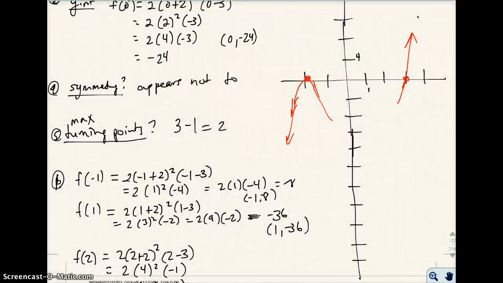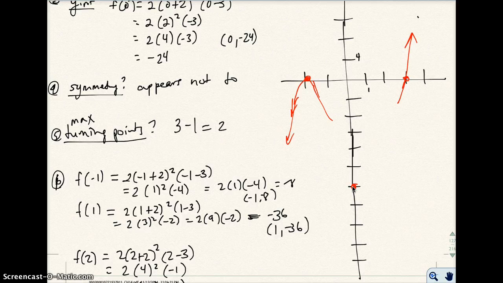So that point is going to be -4, -8, -12, -16, -20, and -24. Right there, -24. That's my y-intercept.